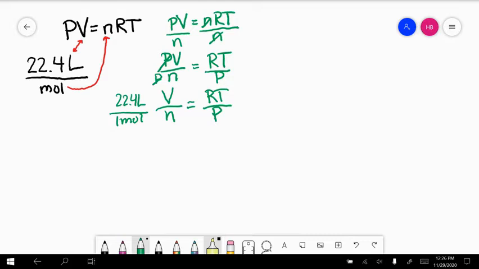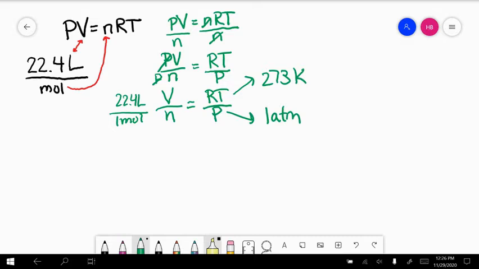So this 22.4 is related to standard temperature and pressure. The standard temperature is 273 K. The standard pressure is 1 atmosphere. This is where the ideal gas law constant came from.